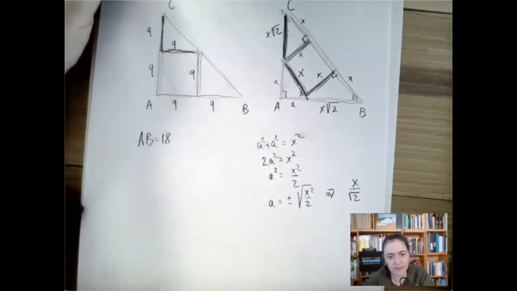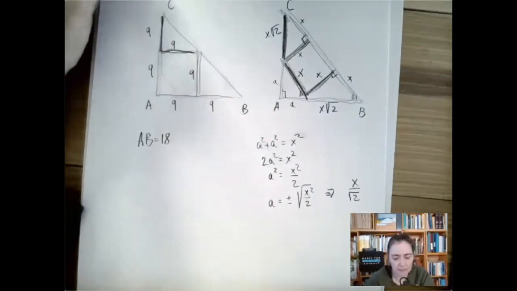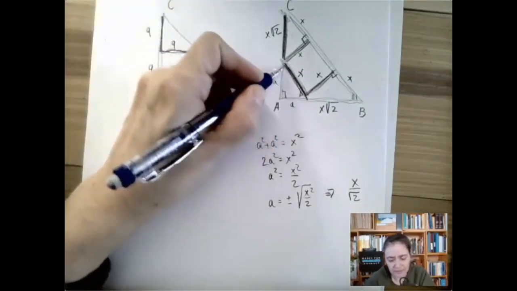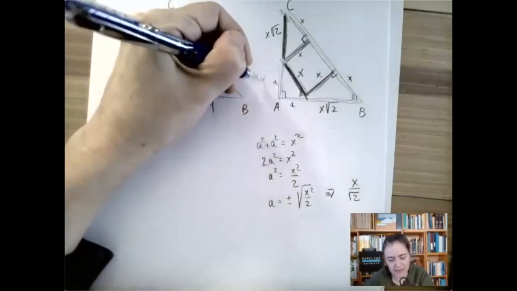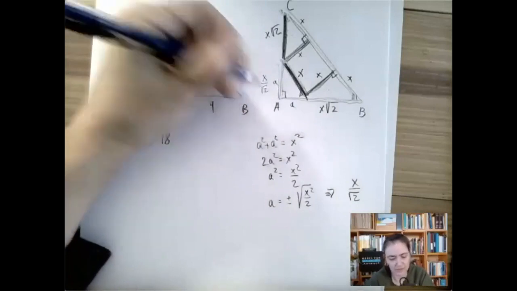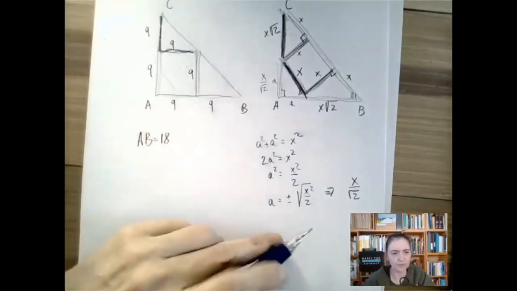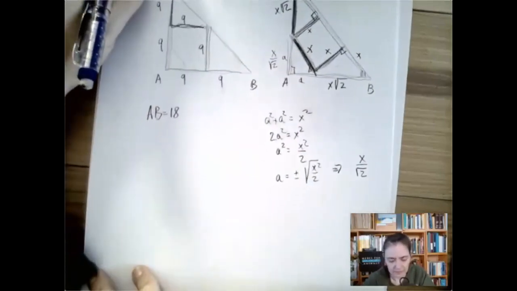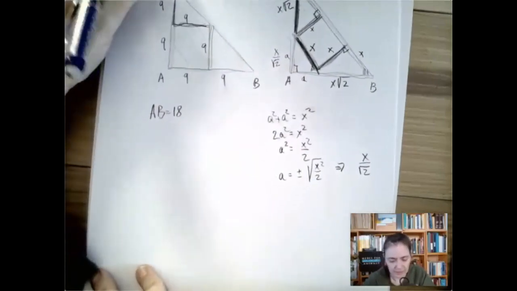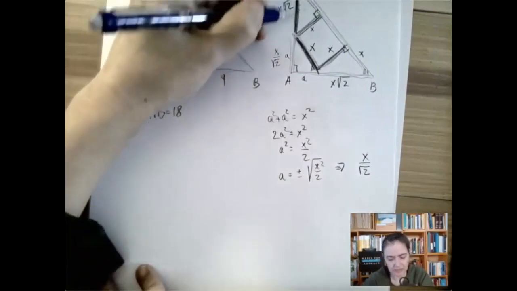You triple something, it usually grows. You divide it by 3, usually shrinks. And so this is the hypotenuse. So we're going to have to make it smaller. So that means its x has to be divided by square root of 2. But here is the computation.